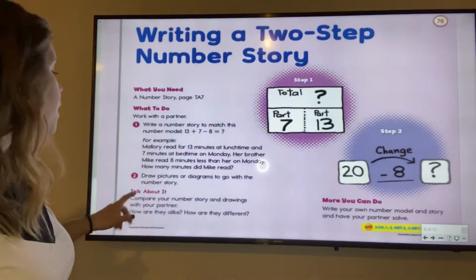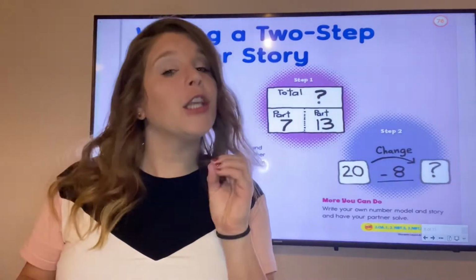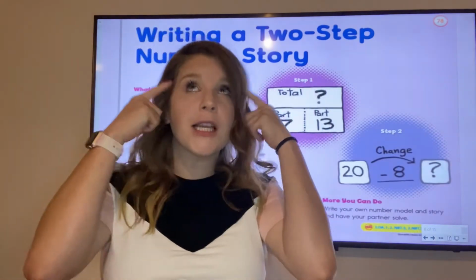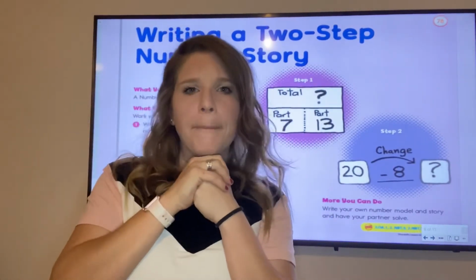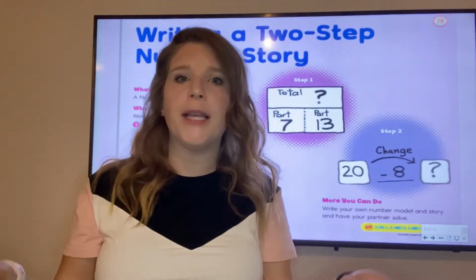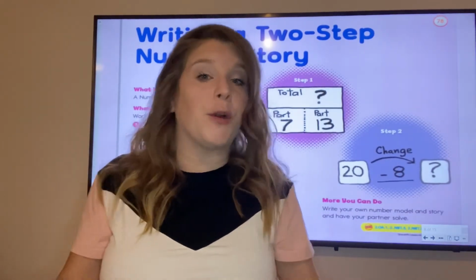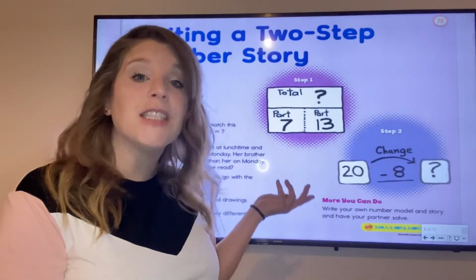Okay? So what I want you to do when you do this is, the first thing I want you to do is think, what do I want my unit to be? What do I want to talk about in this number story? So here they're talking about minutes read.